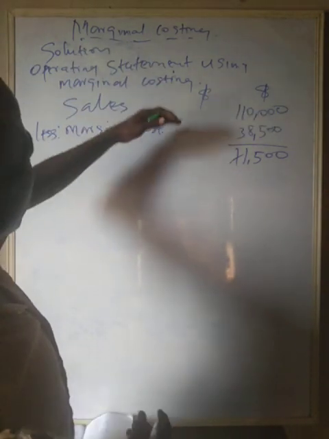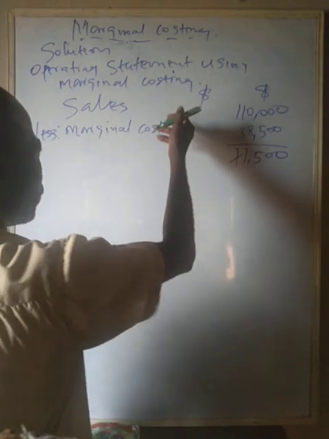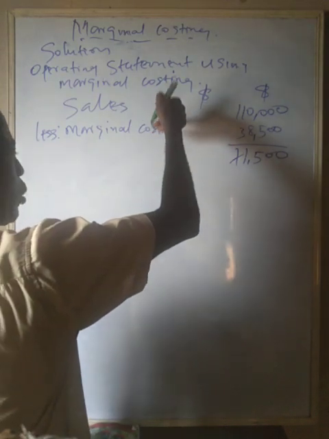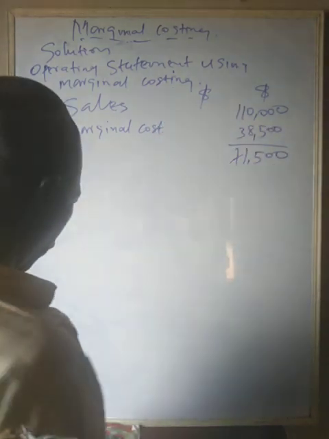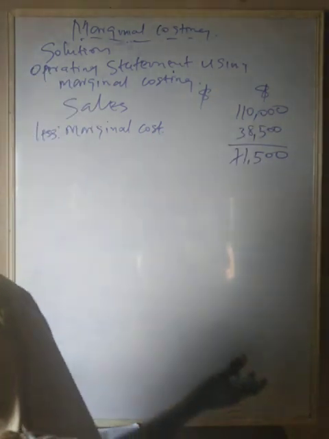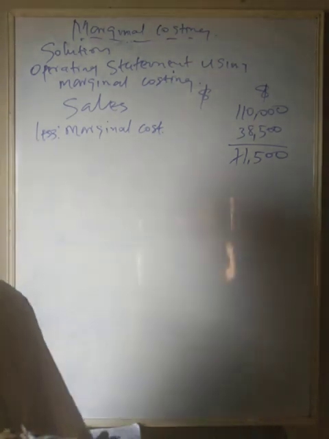If there is opening and closing stock, we are going to adjust it here using marginal costs. But there is no opening and closing, so we just deduct the marginal cost. This is your contribution. Thereafter we adjust the fixed cost.